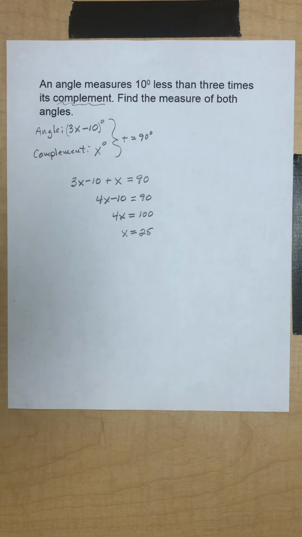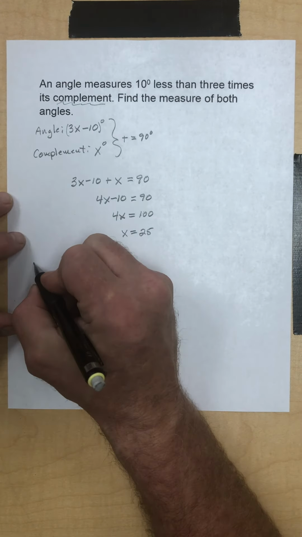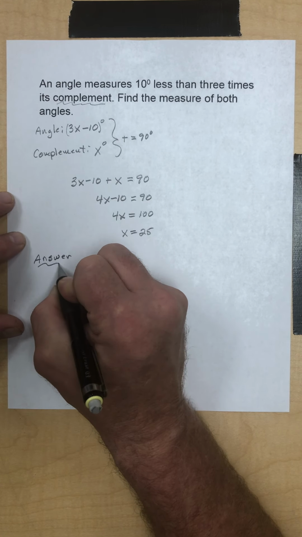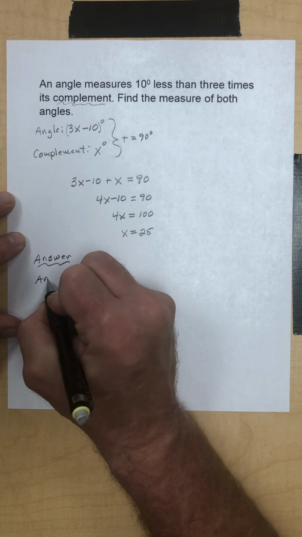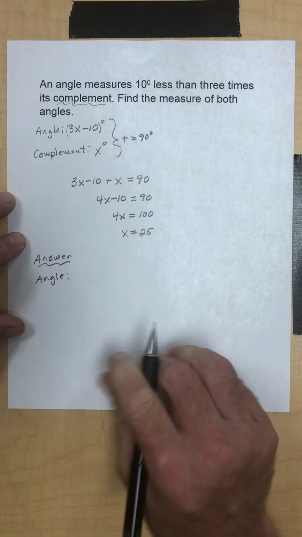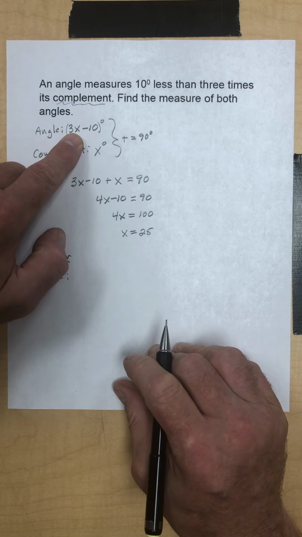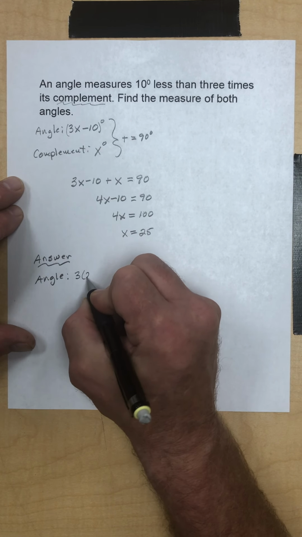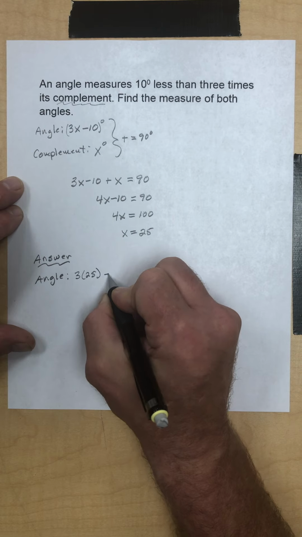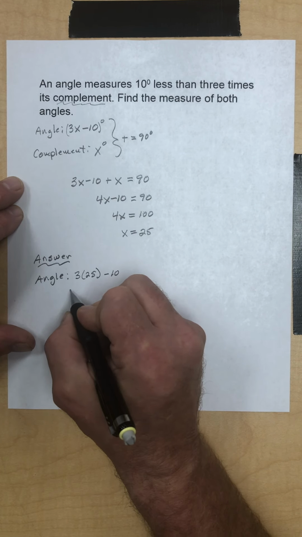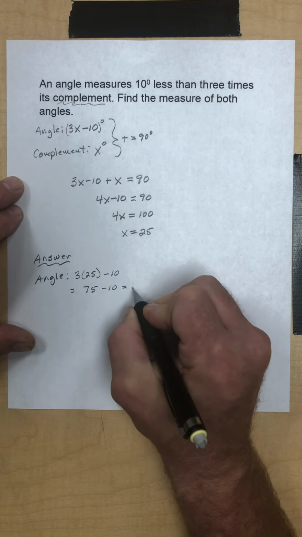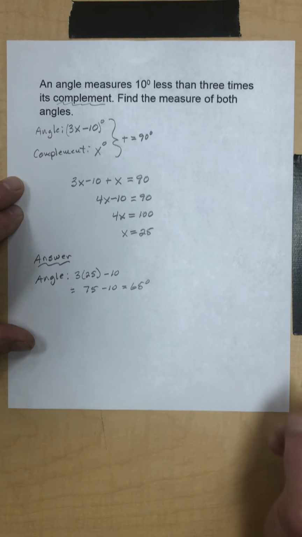Okay, so we've got to check that and see if things work out. So let's come up with our two angle measures. The angle up here is 3x minus 10, so that'd be 3 times 25, and then subtract 10. That's going to give me 75 minus 10, so I get 65 degrees.